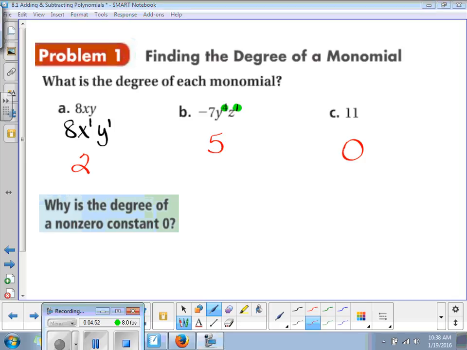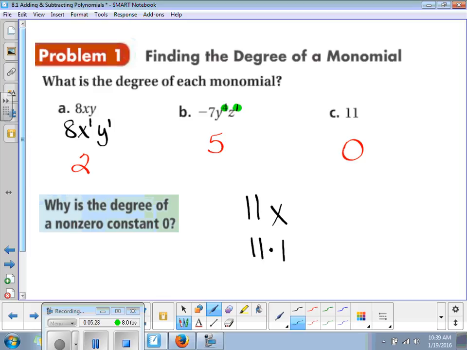So why is the degree of a non-zero constant equal to 0? If I did have a variable on there, let's take 11 for example, and let's say I had an x there, 11x. What would this x have to be in order not to change the value of the 11? It had to be 1, right? So it had to be 11 times 1.